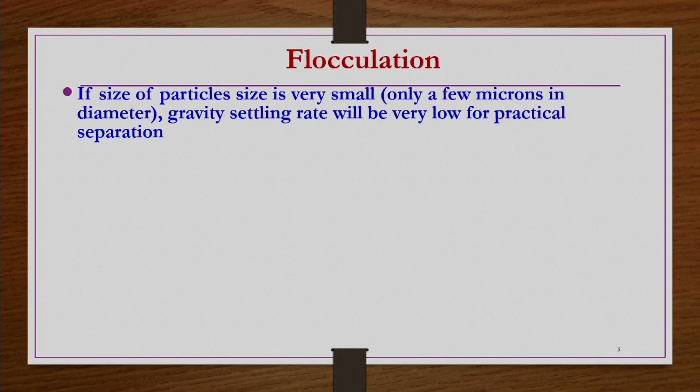That is what basically happens in flocculation. If the particle size is only a few microns in diameter, the gravity settling rate will be very slow for practical separation, because the settling velocity is on the order of 10 power minus 5 or minus 6 meter per second.